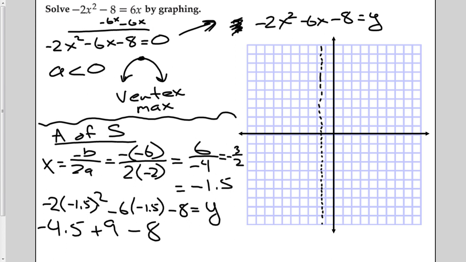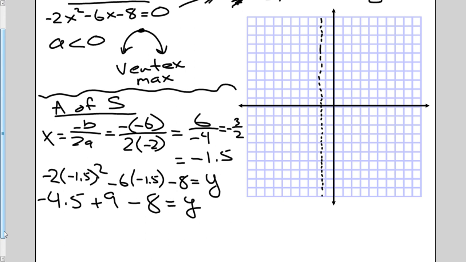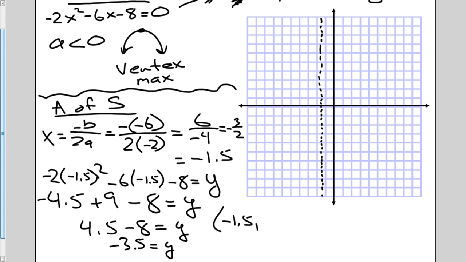And then I'm going to subtract 8, and it's going to give me my y. So I have a negative 4.5 and a positive 9. That gives me a positive 4.5. And I'm going to subtract 8 from that. And I get, for my y value, negative 3.5. Which means this point that I'm graphing is at negative 1.5, comma, negative 3.5.